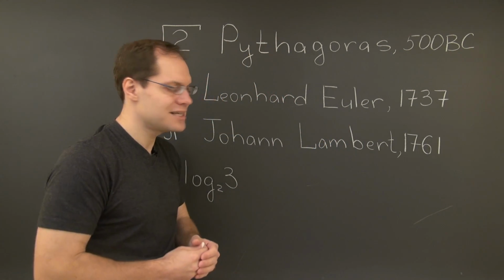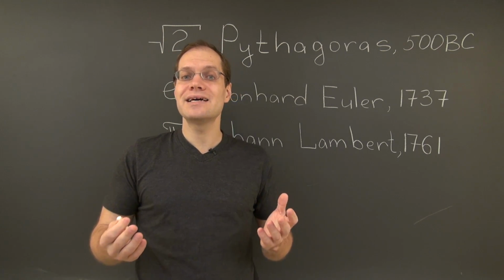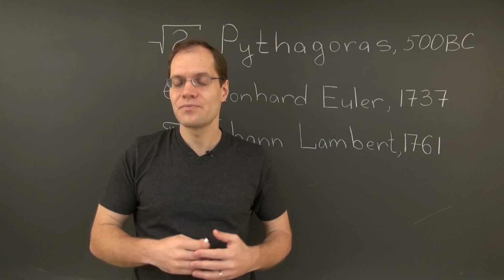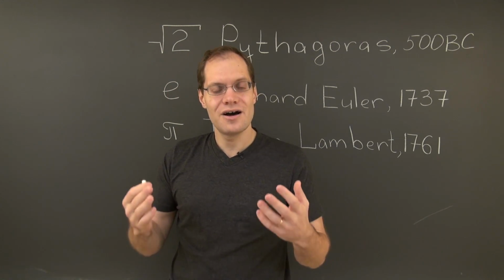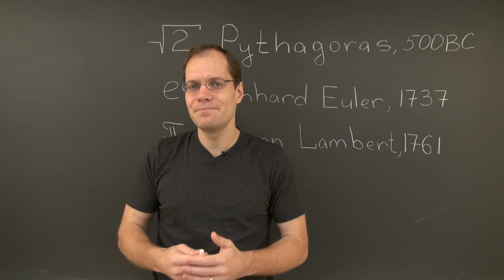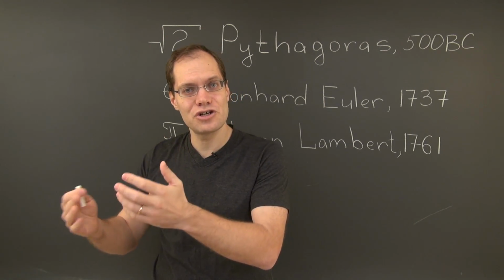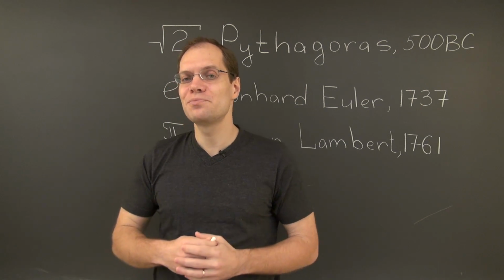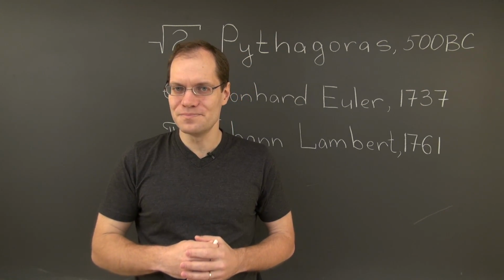Well, Euler did it in 1737, and my guess is that he didn't actually set out to prove that it's irrational. He was studying the properties of the number e, and he realized, looking at all the arguments he had, that he was able to conclude that e is irrational. It's a very beautiful proof, and we'll discuss it soon.